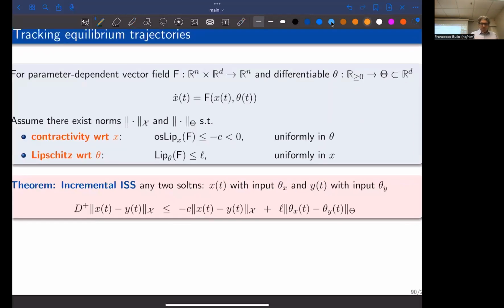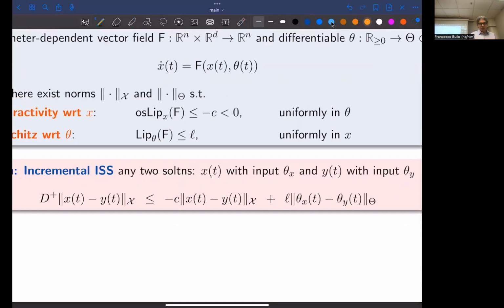What the incremental ISS theorem tells you is that the distance between any two trajectories of the system, to be even more precise, this is the distance without the c, satisfies my super friendly first order exponentially stable differential inequality. So the derivative of the distance is upper bounded by minus c times the distance, plus the Lipschitz constant L times the forcing term, and the forcing term is the difference between the parameters that you use for the solution x and the solution y. Okay.